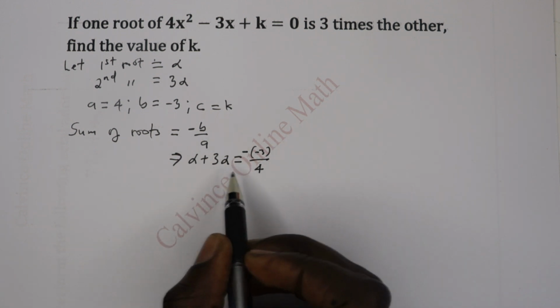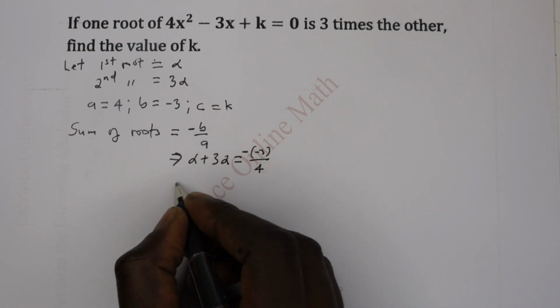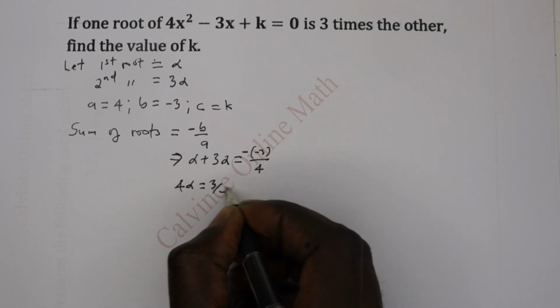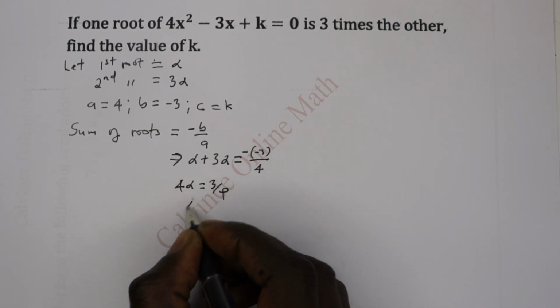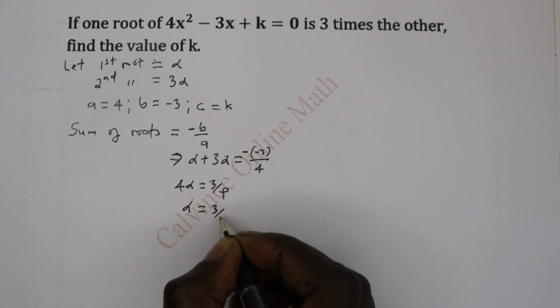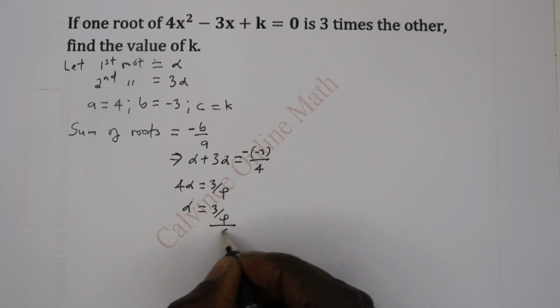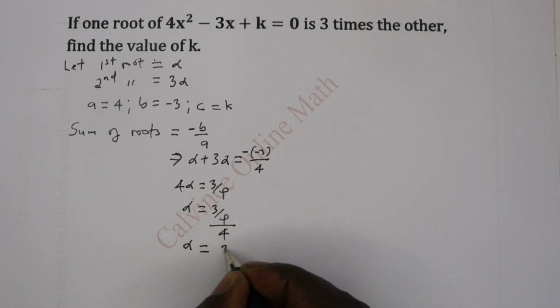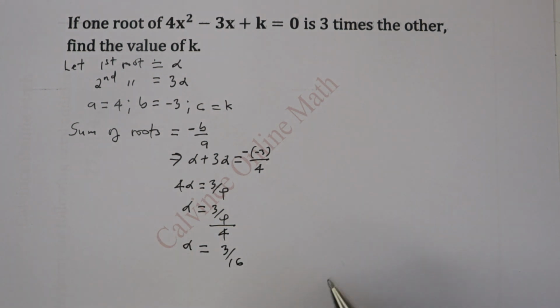If we simplify this, we're going to have 4 alpha being equal to 3 over 4. So we can have that alpha is equal to 3 over 4, and we divide both sides by 4, so that alpha is equal to 3 over 16.